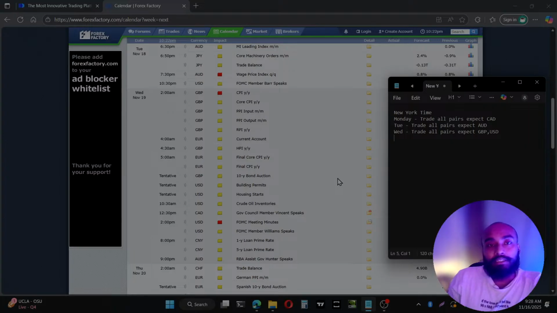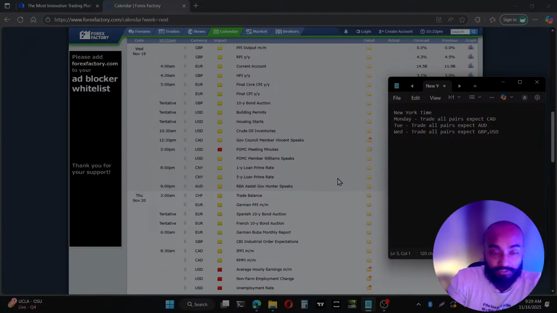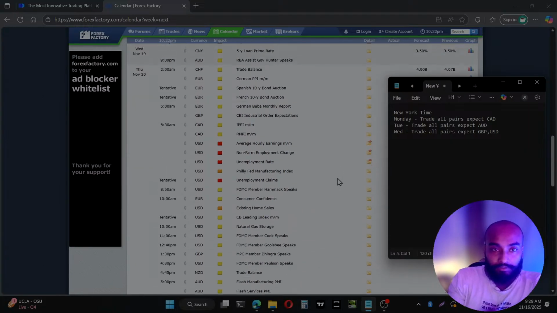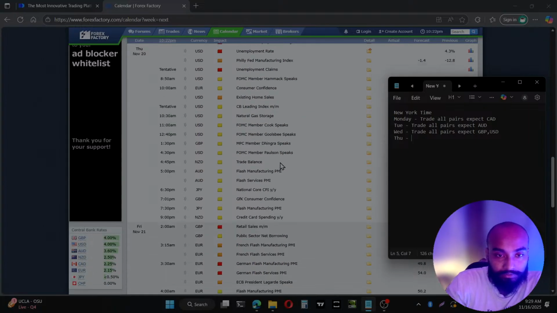That means the US interest rate is going to be released. So this is the kind of event every trader should be aware of. If you are trading in this market, you should be aware of the FOMC meeting minutes, because this is very crucial news for the market. Thursday we don't trade USD pairs.